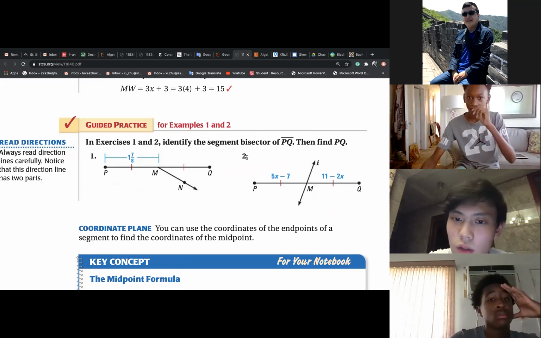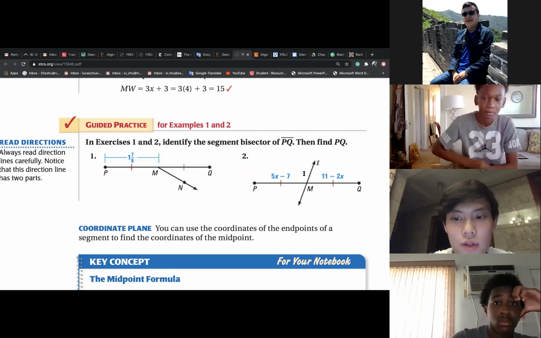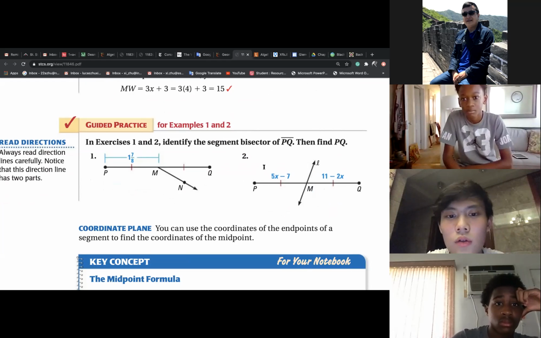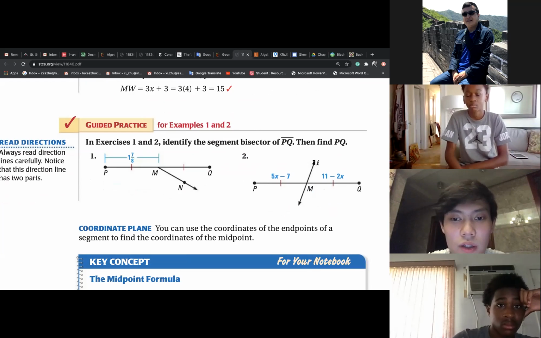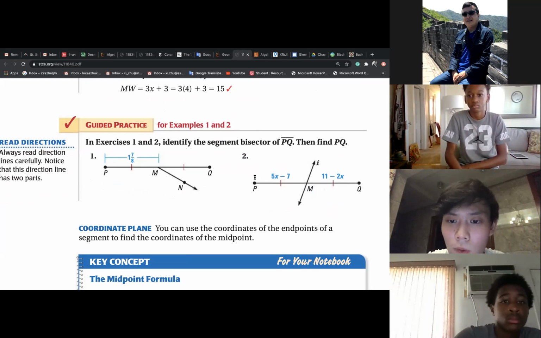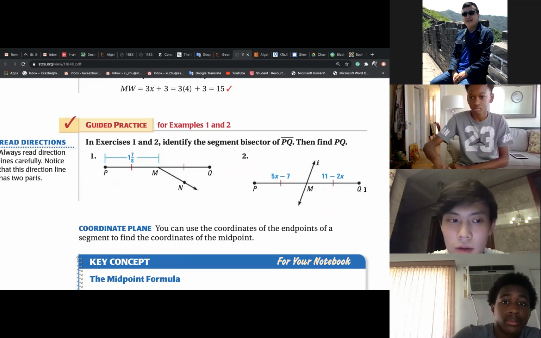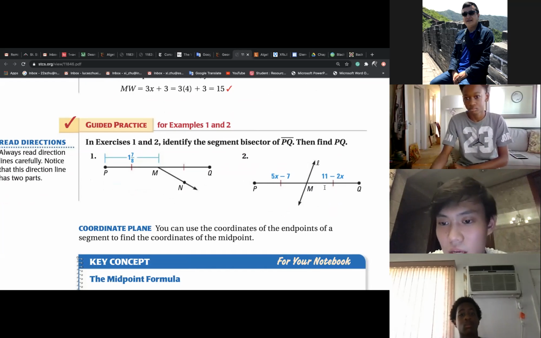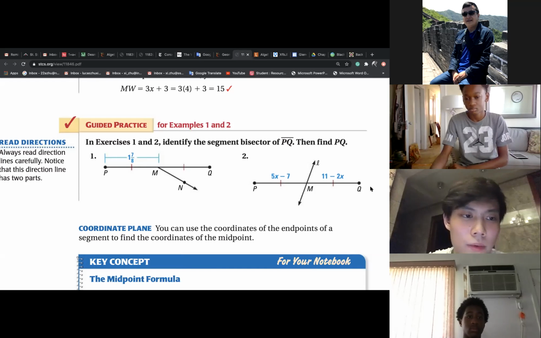We can try number 2, exercise 2. Try to solve this one. So you know that line L is the bisector for line PQ, right? So by that, you know that segment PM and segment MQ are congruent, they're equal, right?